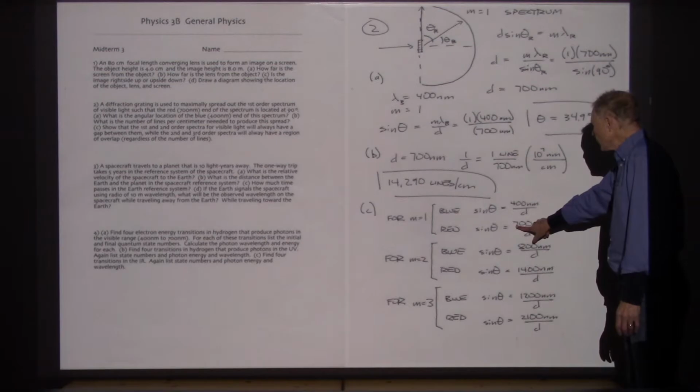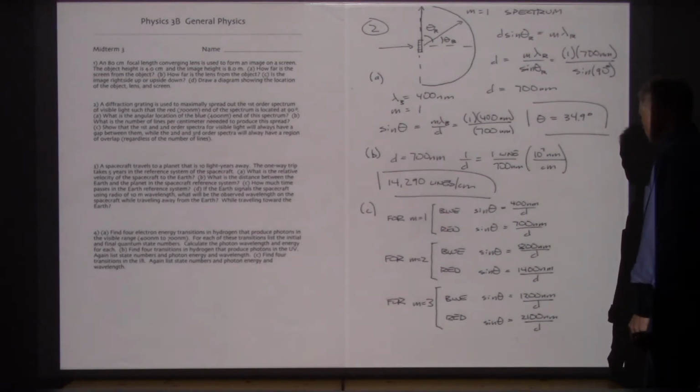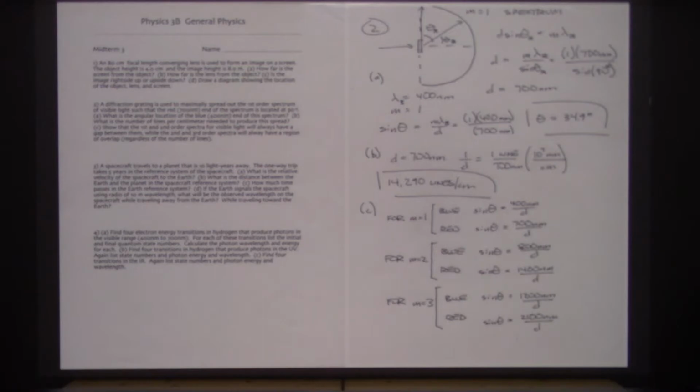If this were a little smaller, what would we need here? Boy, I have to think about that. We're going from 400 to 700 and then 800 to 1400.